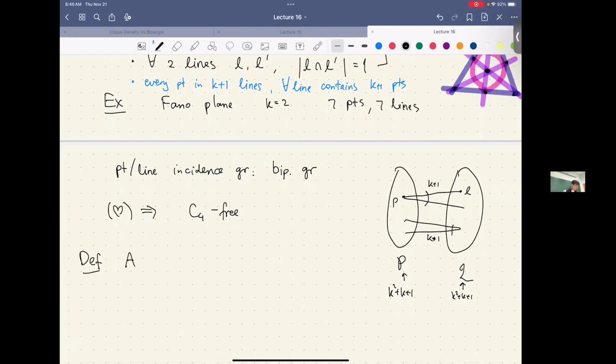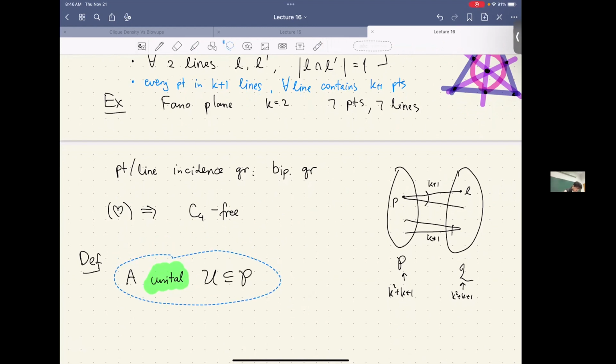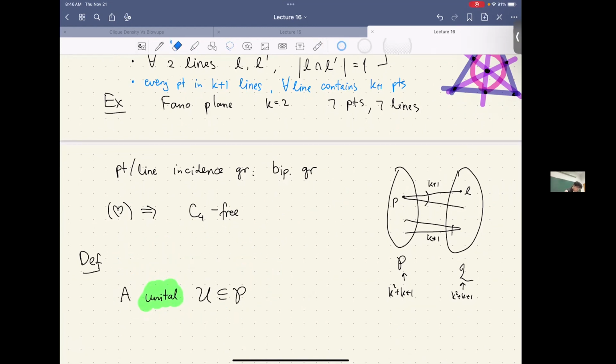the unital U, which is basically a set of points, a set of exactly Q. Now we're working with, I forgot to say, now we're going to work with the order of the projective plane to be Q squared.